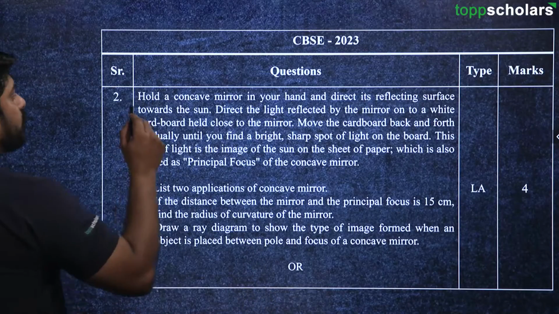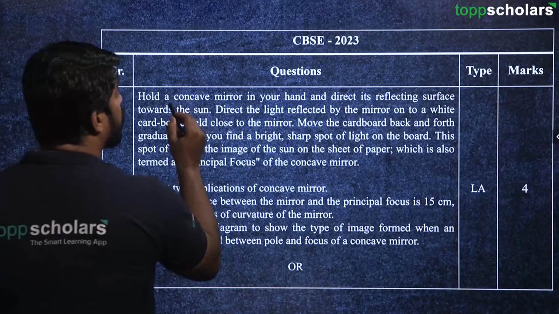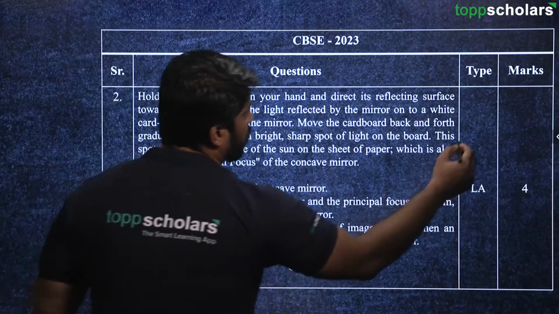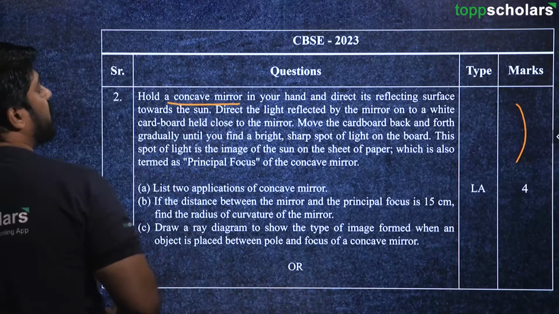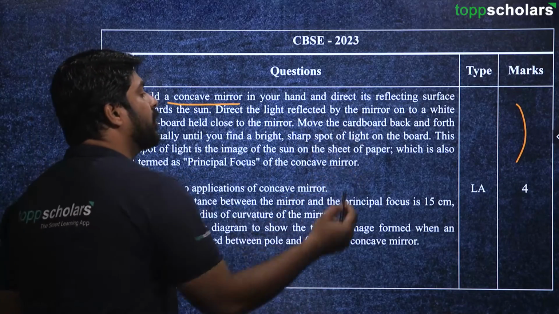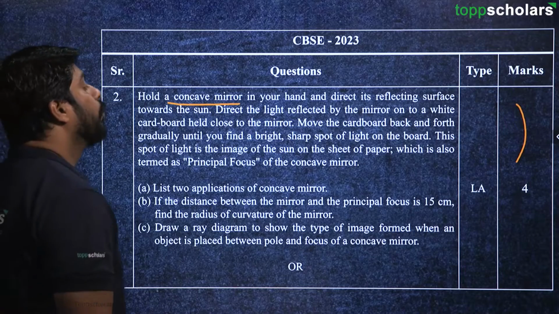Next, hold a concave mirror in your hand and direct its reflecting surface towards the sun. So it's a concave mirror, which looks like this. Direct the light reflected by the mirror onto a white cardboard held close to the mirror.